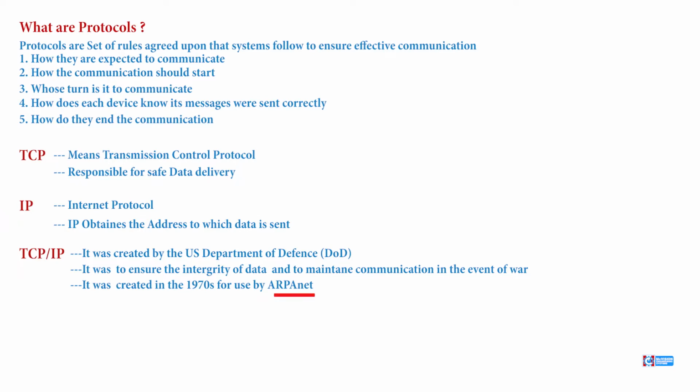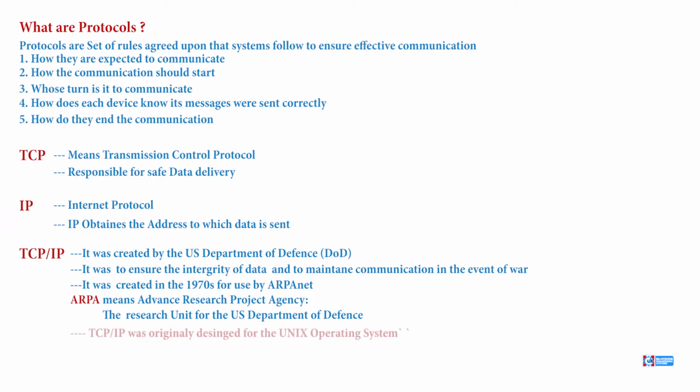ARPANET was a wide area network that preceded the Internet. ARPA stands for Advanced Research Projects Agency. It was the research unit of the U.S. Department of Defense. TCP/IP was originally designed for the Unix operating system. Due to its effectiveness in computer networks, it has been built into almost all operating systems of today.